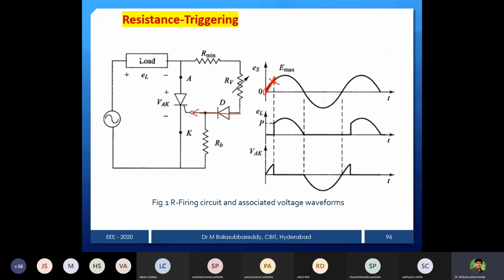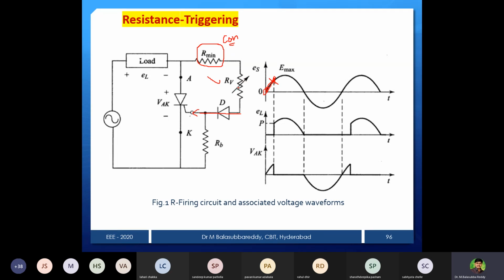At what instant? That will be decided by the resistor value, the RV value. For this, you can remember R minimum: I need to fix this, or insert some constant value. I will explain why R minimum is also needed. At the moment, consider R minimum is a fixed one and RV is a variable one.